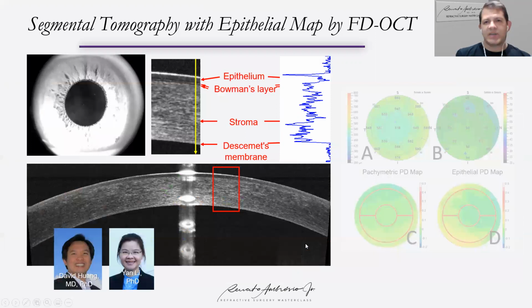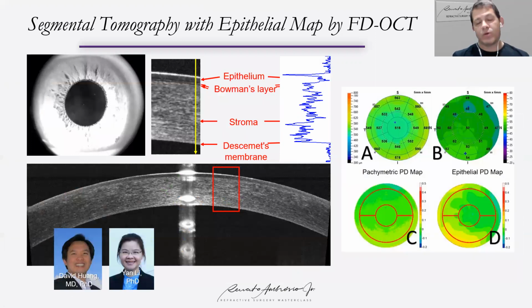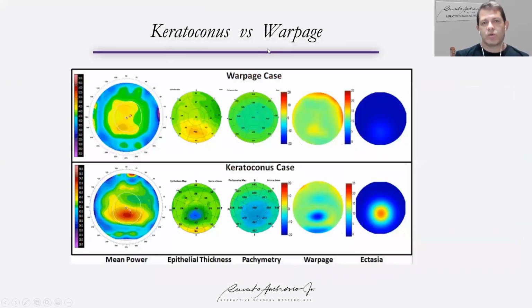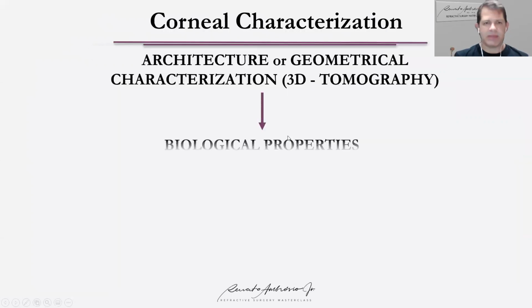Interestingly, we also have segmental data from OCT, which has definitely popularized the epithelial thickness profile maps, which can distinguish keratoconus from warpage. For example, in cases with inferior steepening, you can see thinning in terms of ectasia and thickening when you have corneal warpage, and that can be nicely seen by the epithelial thickness maps.